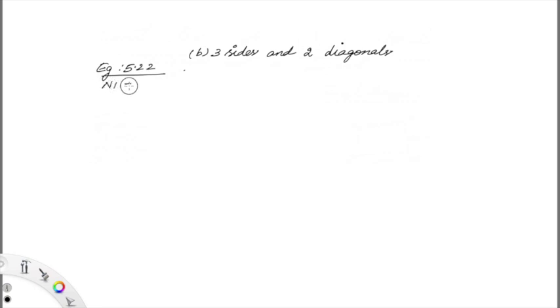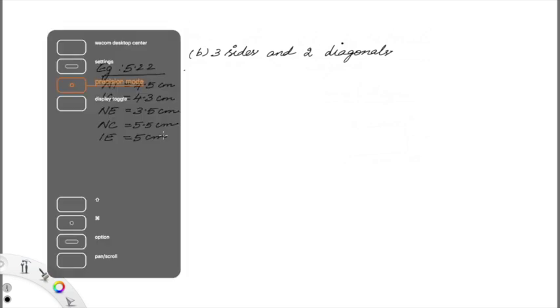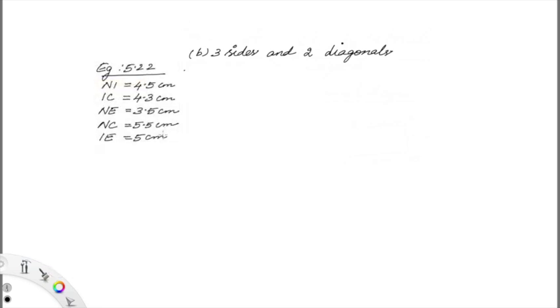NI is 4.5 centimeter and IC is 4.3 centimeter. NE is 3.5 centimeter. NC is 5.5 centimeter. IE is 5 centimeter. Got it? And here you are asked to construct the quadrilateral NICE.